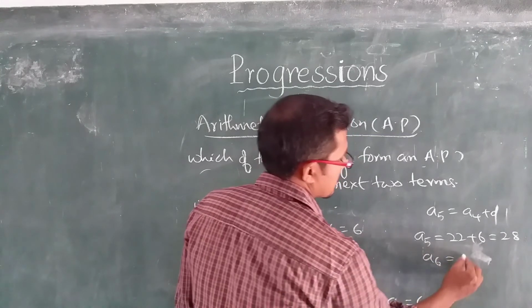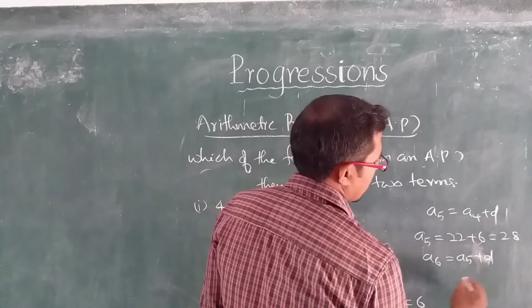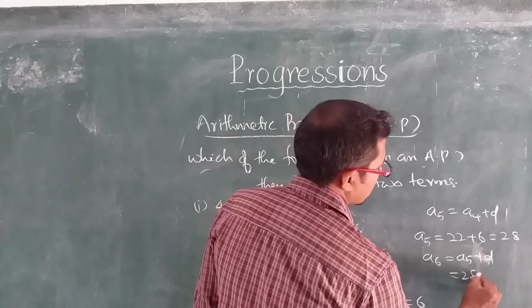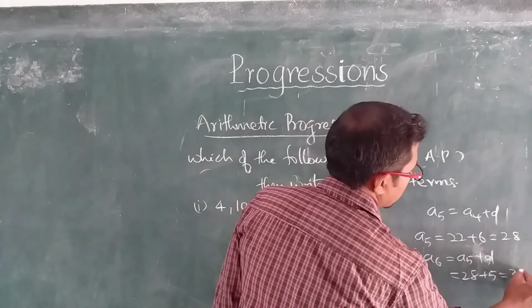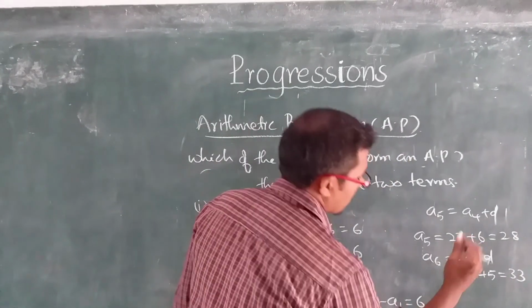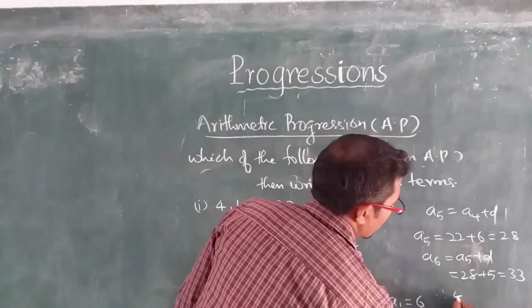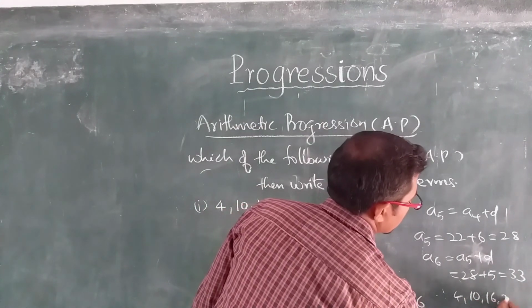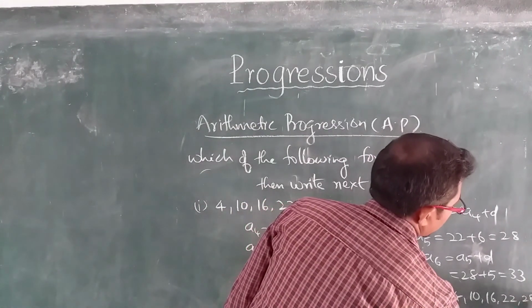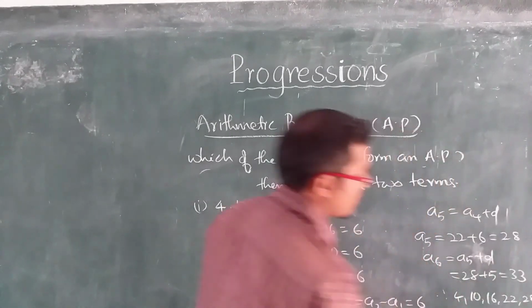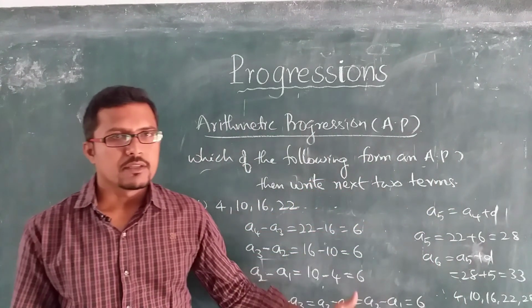To get A6, A5 plus D, where A5 is 28, 28 plus 5, that is 33. So the required progression is 4, 10, 16, 22, 28 and 33. Like this we can find the terms.